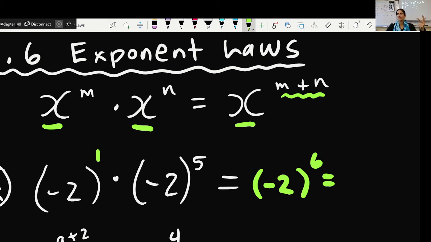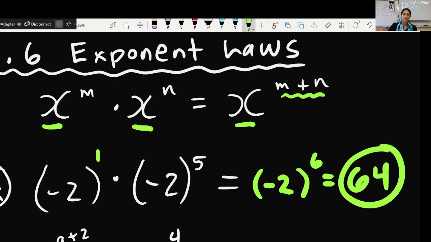So 2 times 2 times 2 times 2, 6 times. What is that, Mitchell? It's going to be 64. Everybody agree with that? Normally, something to the power of 6, we probably wouldn't just know off the top of our head, but if the base is 2, it's reasonable to sit there and think your way through what 2 to the 6 would be. So that would be our answer.